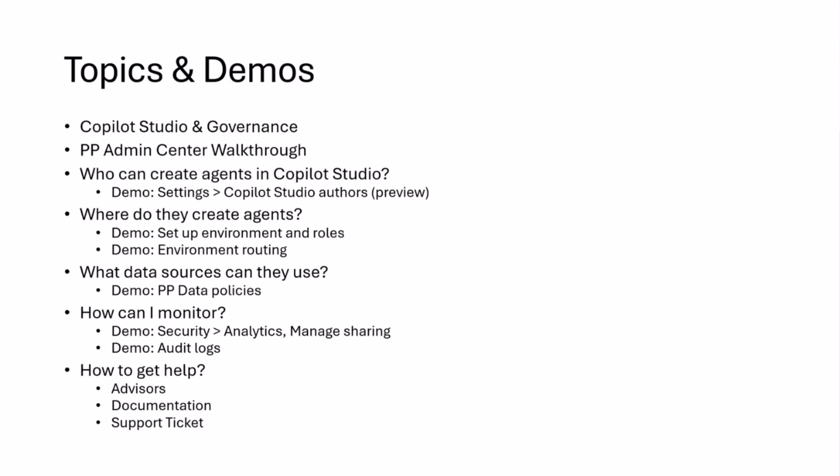Where do they create? How do they create those things? What kind of data sources can they use while creating those agents? How do you monitor? And obviously, how do you get help? There are a couple of advanced topics as well that we can just quickly touch upon, but we'll probably not go deep into those scenarios today.